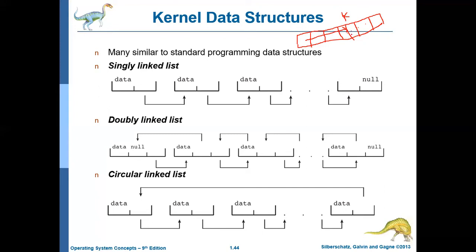But there are certain circumstances in which a list will be much more useful, because in a list you can store data items which grow and shrink in size. Also, you can maintain the relative position of neighboring data items. Say I want to delete one item from the list, but after deleting it the neighbors should not be disturbed. That is, this and this should now become the neighbors.